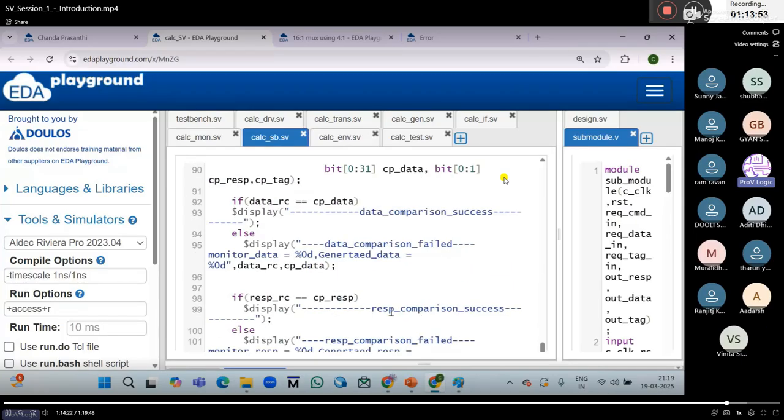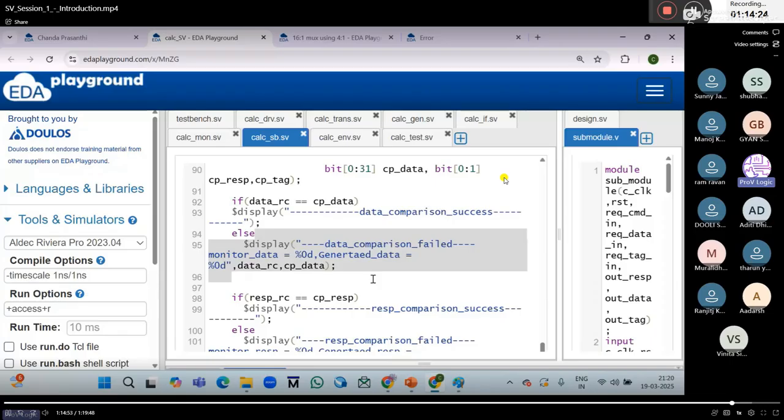So if you see here, data RC is the actual data, and CP data is from the output. If both are equal, that means whatever data we got from the test bench and whatever data we got from the design are equal, the data comparison is successful. Data is correct. If both are not equal, failed. Output is wrong. Comparison failed.